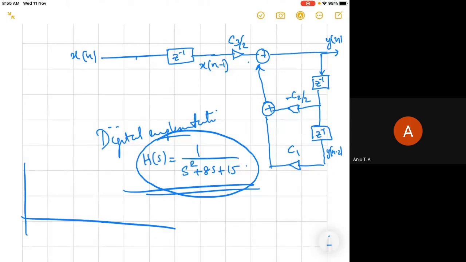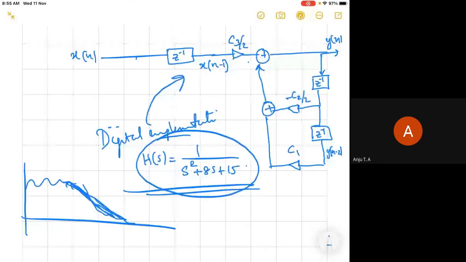The design may be obtained from the given ripple values, etc. So it could be a second order filter if you don't need that much attenuation, and if you have lower order, you know that these will not be that much steep. So if that much steep transition is not required for you, a second order filter may be okay. So in that case, this is how you implement it in the digital filter.